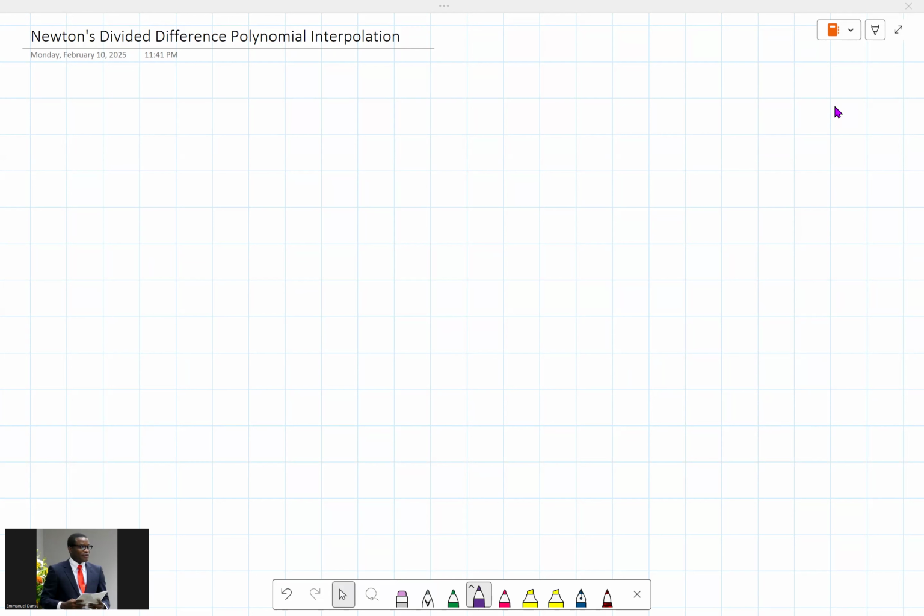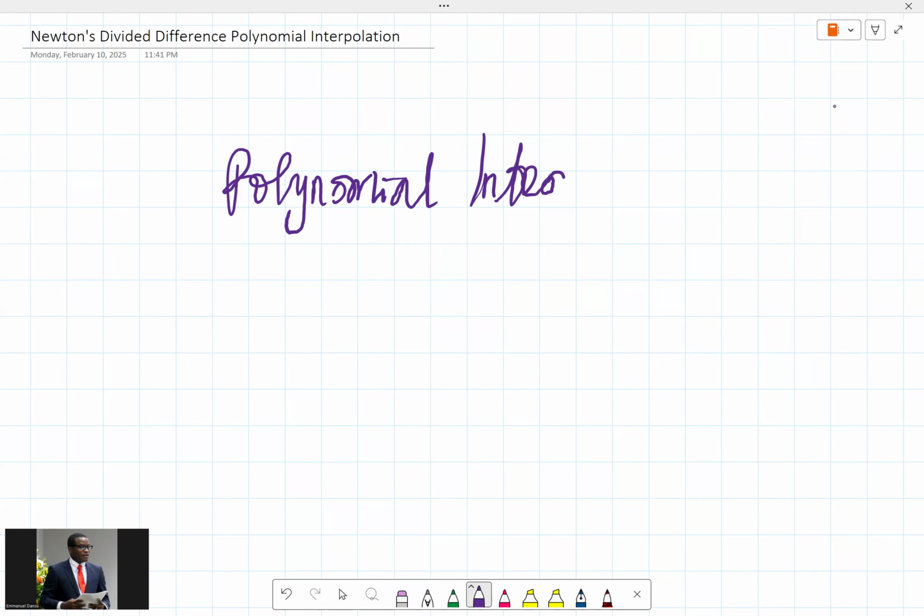We're still on numerical analysis. We are now considering interpolations and approximations, and under that, we've been looking at polynomial interpolation. There are two forms here.